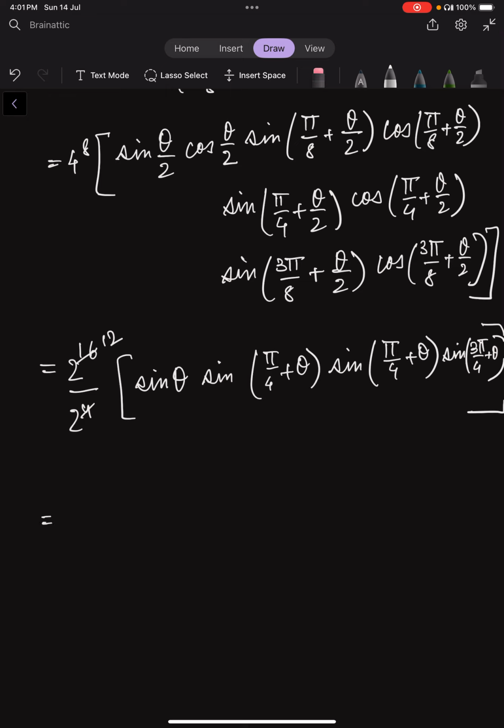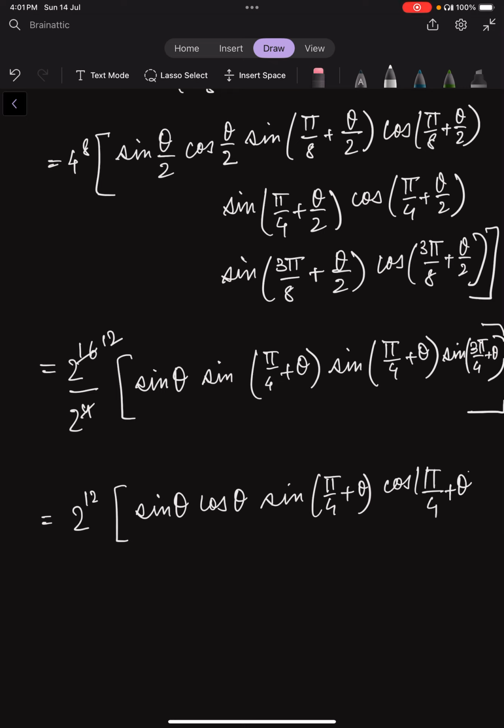Doing the same exercise again, so 2 power 12, sine theta cos theta, sine pi by 4 plus theta cos pi by 4 plus theta.